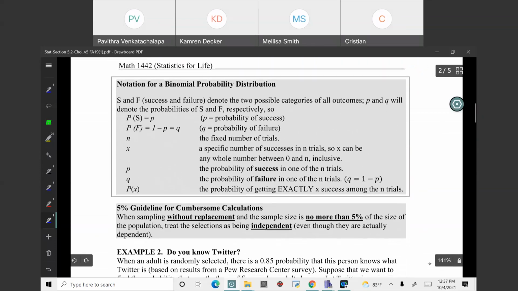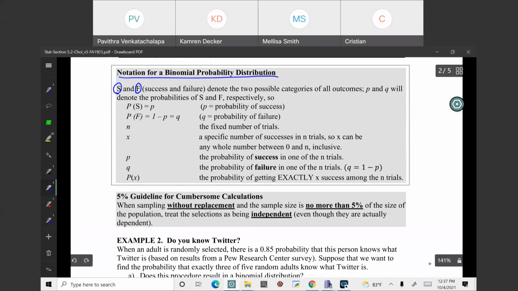Now let us look at some notations. I'm sure you would have known this. Here we denote S as success and F as failure. So from now on, we will denote success as S and failure as F. Now, P of S is probability of success. P of F is probability of failure.